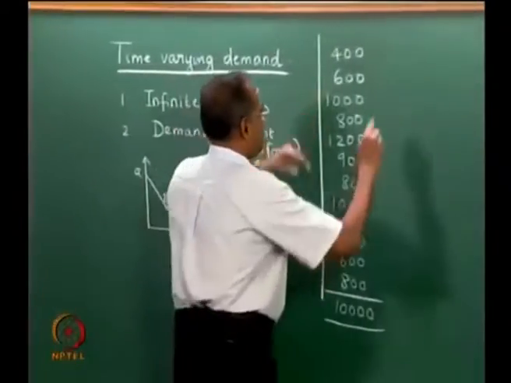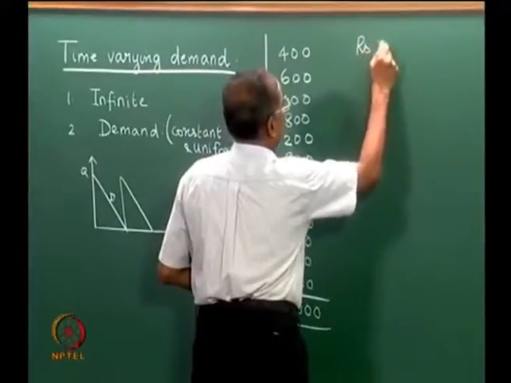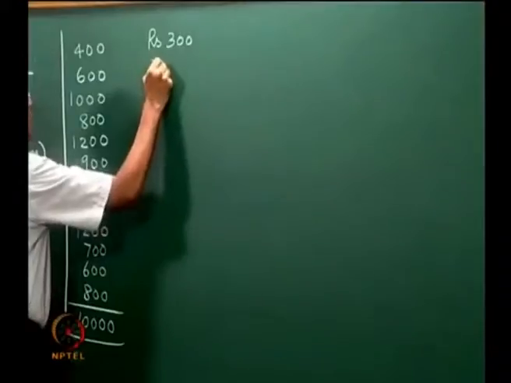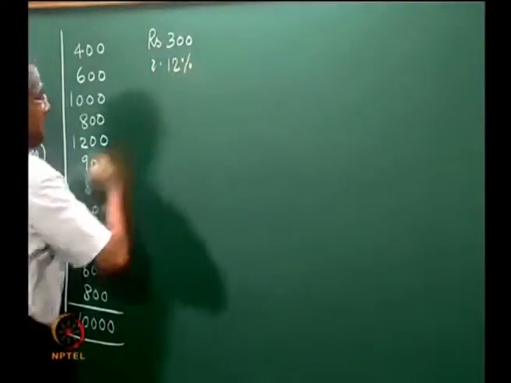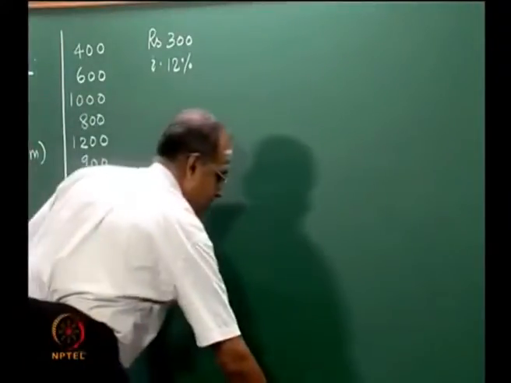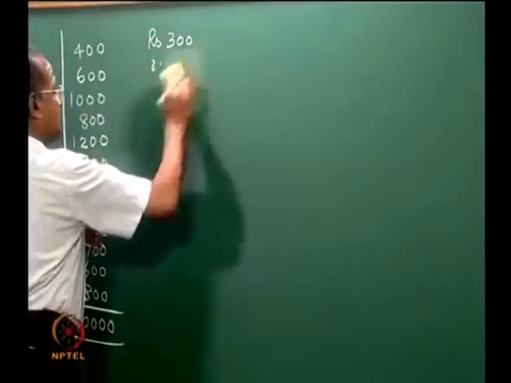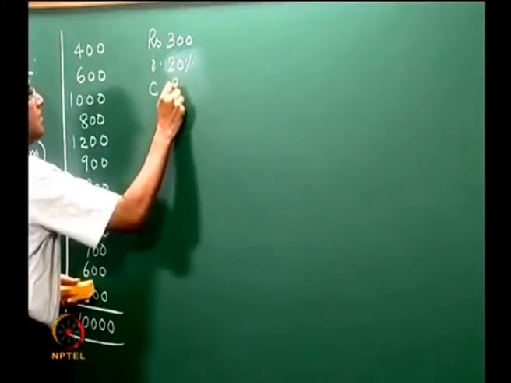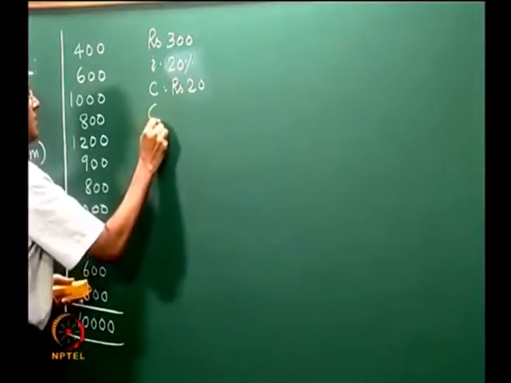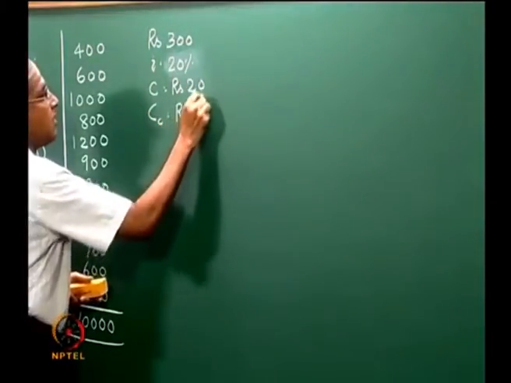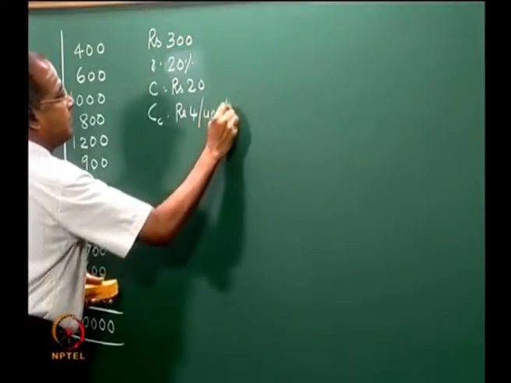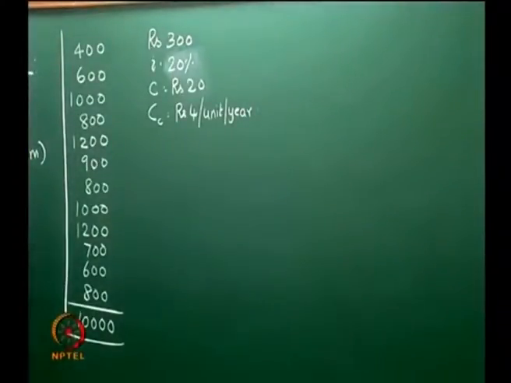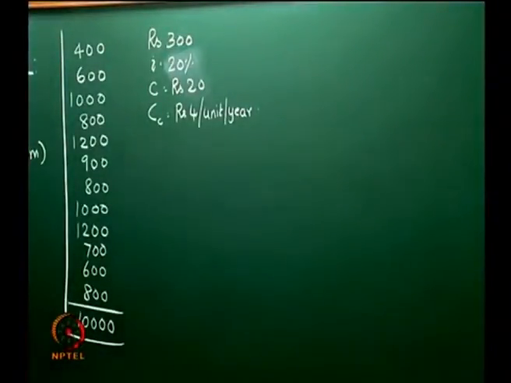So we assume here again for the sake of comparison that order cost is rupees 300 per order, inventory holding I is 20% of unit price C, which is rupees 20, so that the holding cost CC is rupees 4 per unit per year, which is the same number that we had assumed in our earlier examples and illustrations.